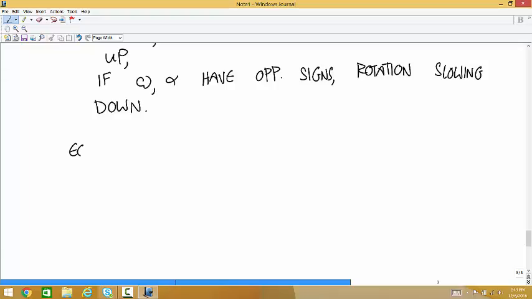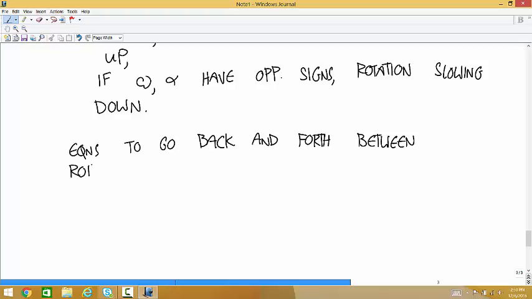So these are equations to go back and forth between the rotational quantities and the particle quantities representing a single point.